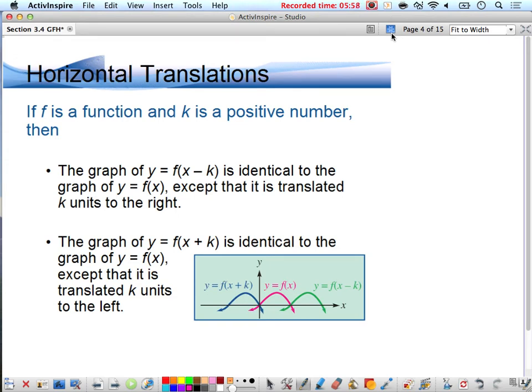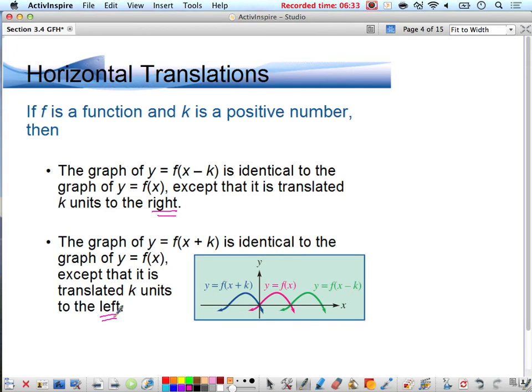For example, if you take the parent function and you change the x to a parentheses x minus a number, like say x minus 3 or 5, instead of shifting to the left, because we typically think of the negative direction as the left, it actually shifts it to the right. And then if you add something inside parentheses, instead of shifting it to the right towards the positive x direction, it actually does the opposite and shifts it to the left.